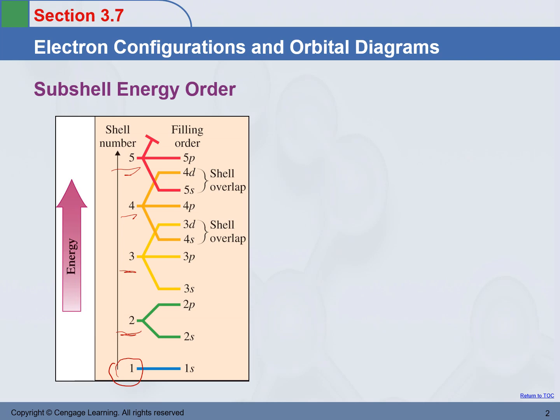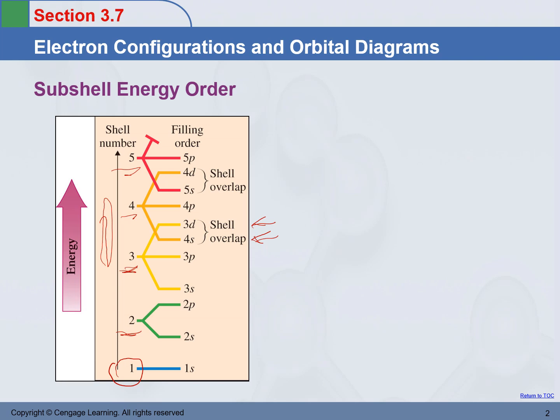Starting from shell number 3 and number 4, the energy levels of the subshells start to overlap. The example here is that 4s in shell number 4 is actually at a lower energy level than subshell 3d in shell number 3. So we have this energy order of the subshells.